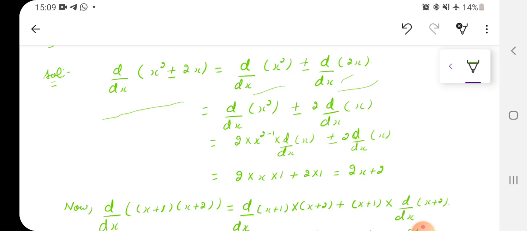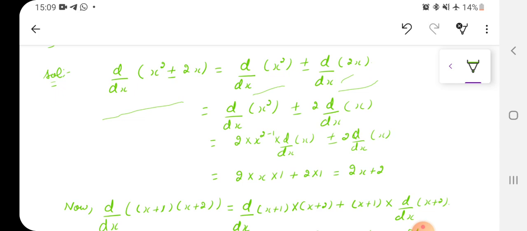d over dx of x square is done by the power rule. The power rule says to bring the power ahead and make the power 1 less than the original. So we get 2 into x power 2 minus 1 into the base derivative. The base derivative means the derivative of x with respect to x, so we are left with 2 times x into 1.